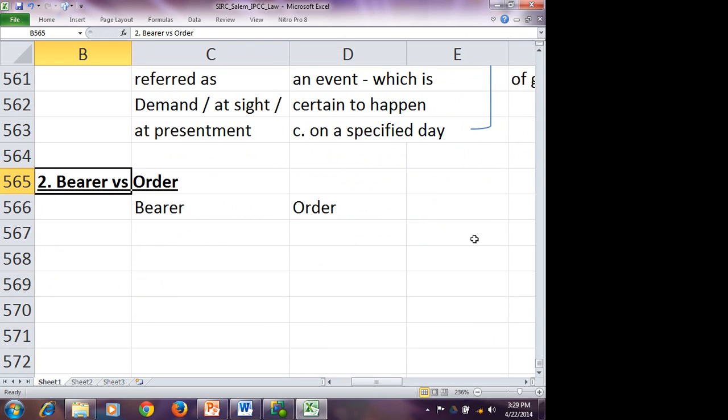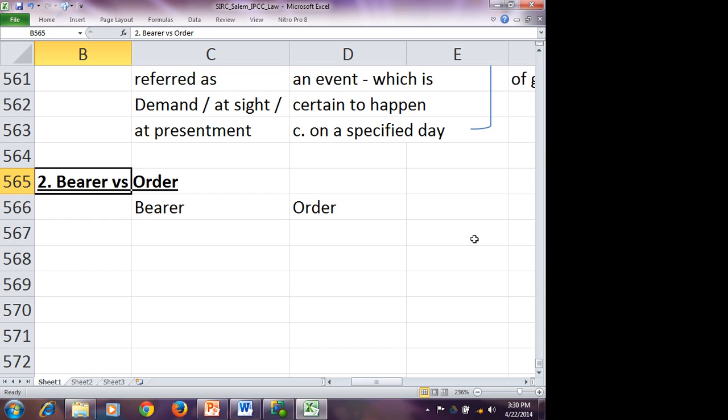Is it that the person is specified or not specified?